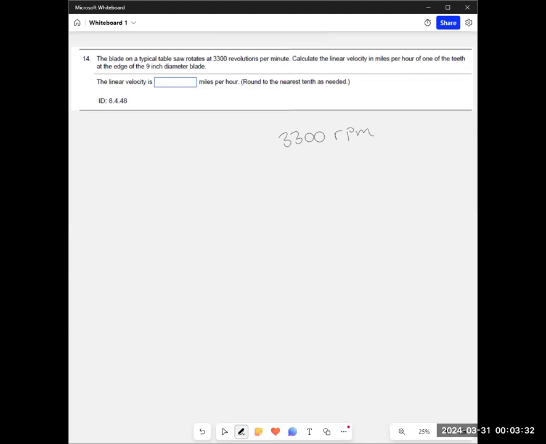So each rotation is going to be 2 pi radians. This is rotations per minute. Rotations will cancel.